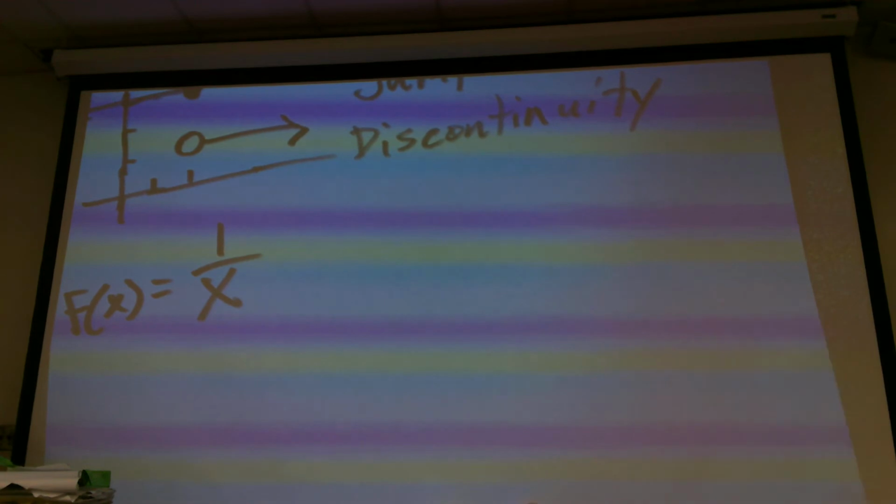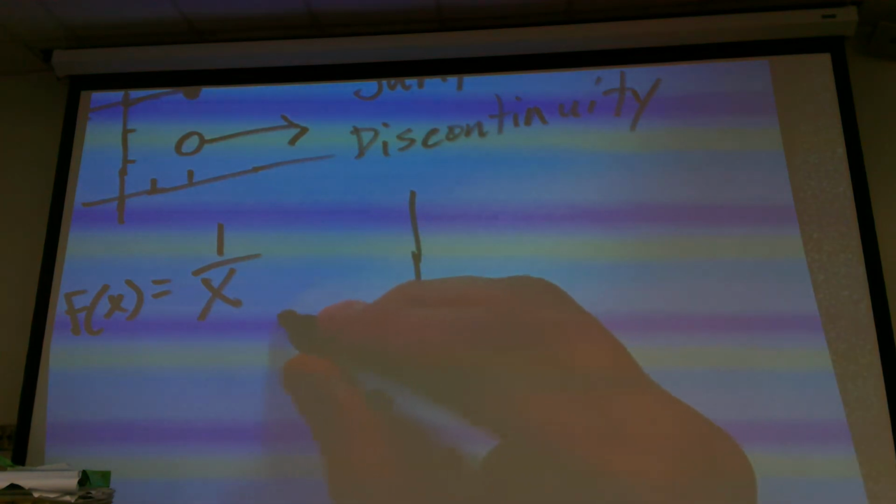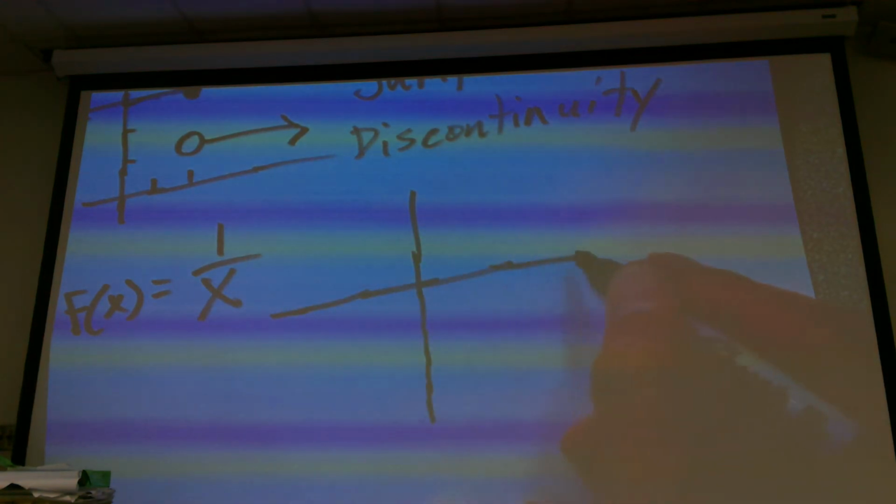this is going to approach a singularity. Now, if I approach from the left, this thing would actually extend down towards negative infinity. Okay?